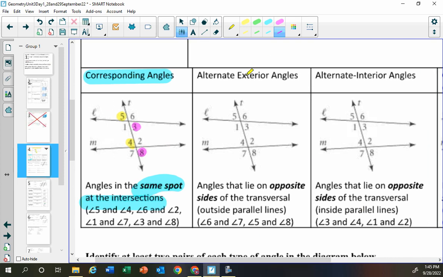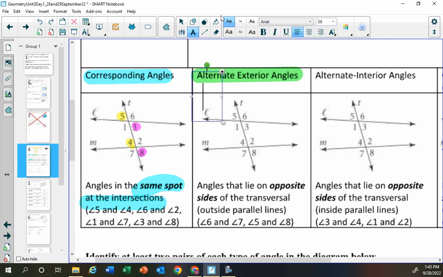Now, alternate exteriors. When we think of exterior, outer, like the exterior of the house, outside, very good. So it's going to be outside the parallel lines.